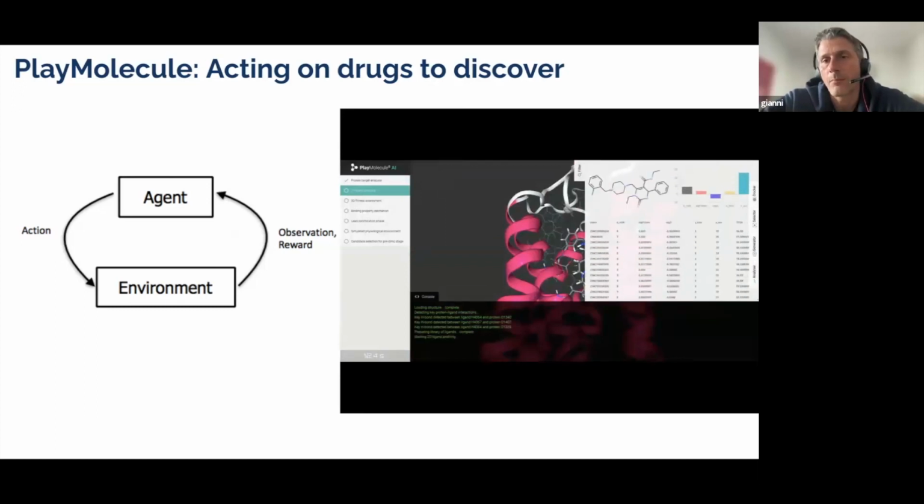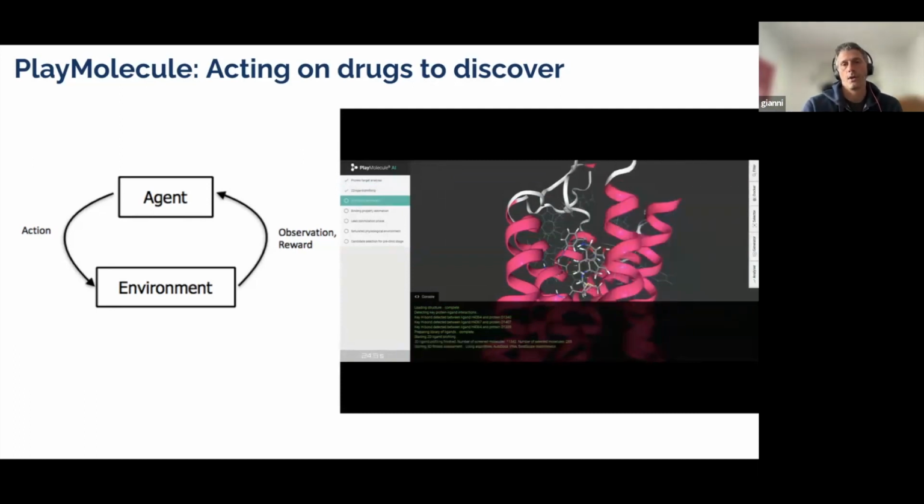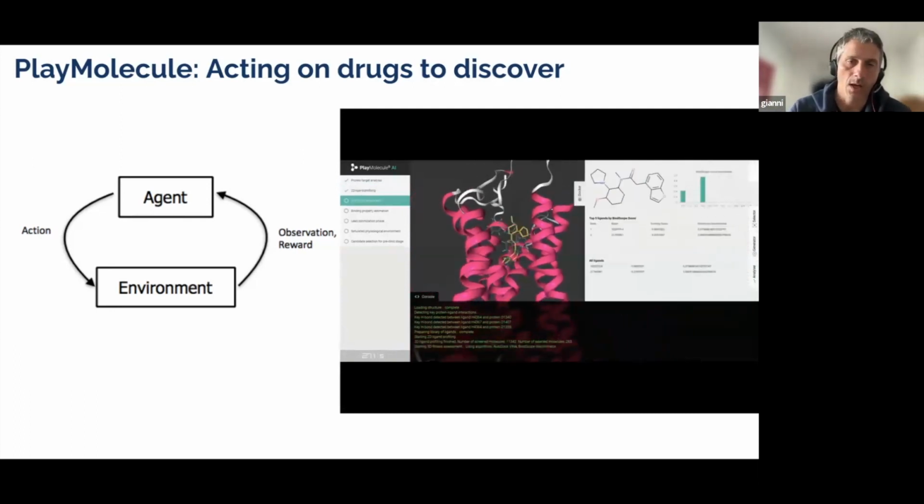In this example, imagine you have this target here in pinkish, and then there is some automated procedure, an agent or multiple agents, that goes and searches for molecules, validated through multiple tools, and proposes molecules. So it's a sophisticated version of the generative models.